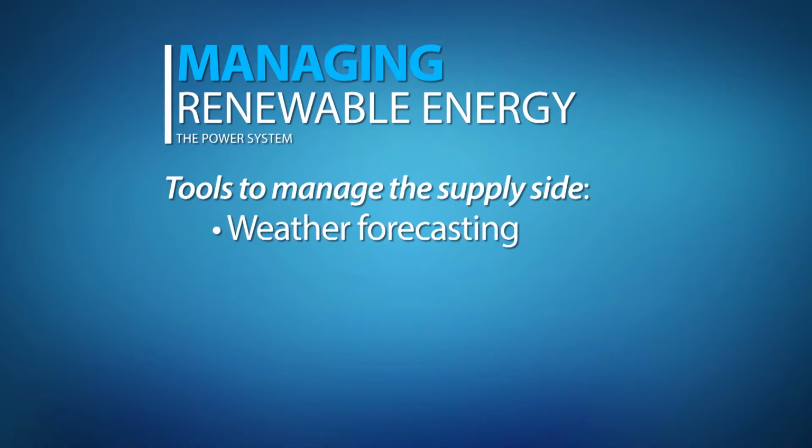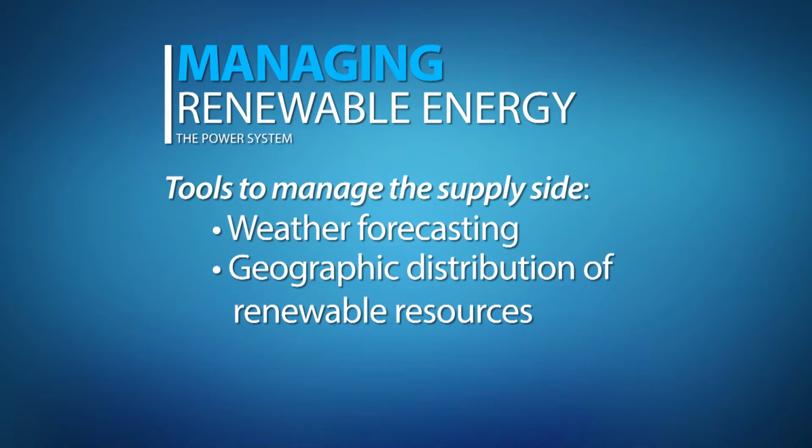The second way to alleviate the problem of local fluctuation in energy production is to have generation resources distributed over a large geographic area. If the system operator is dependent on solar panels in a single location, a passing cloud could knock out his energy supply.